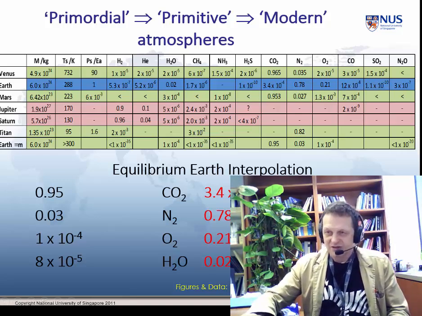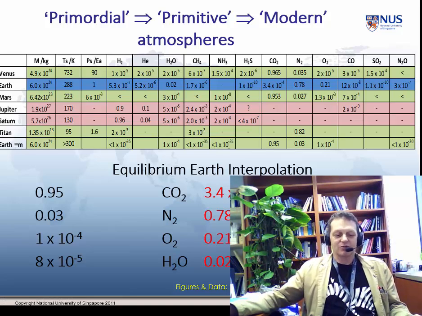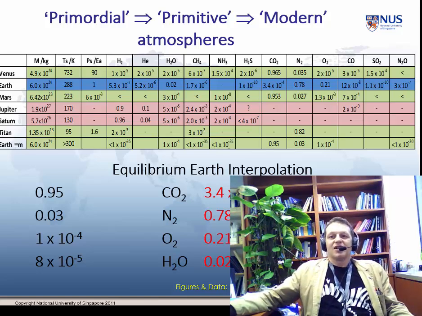Now obviously what happened, I say obviously what happened, we'll look at it more in a second, is that life happened. Life did a lot of this processing that's changed our atmosphere from the primitive to the modern.